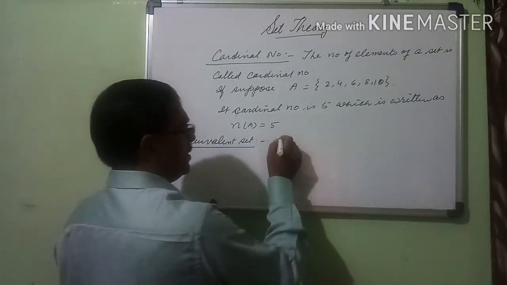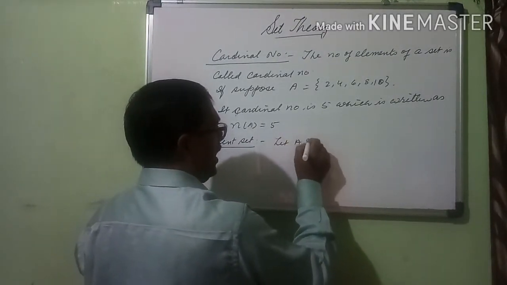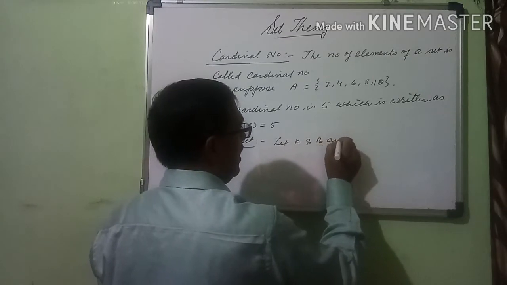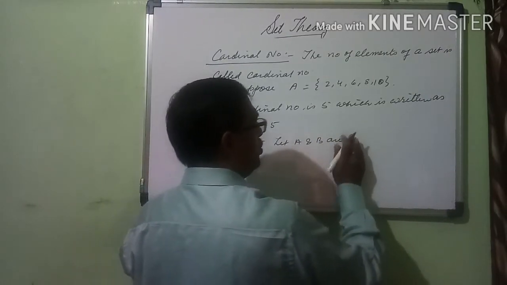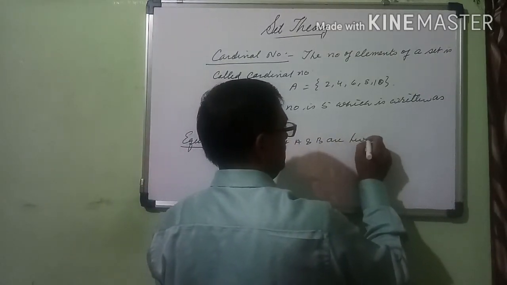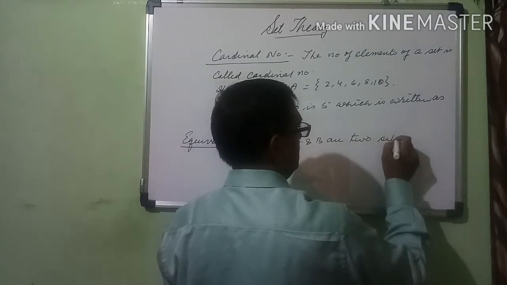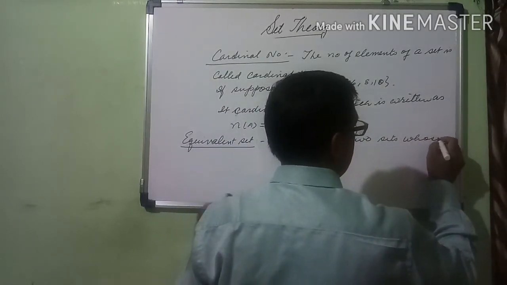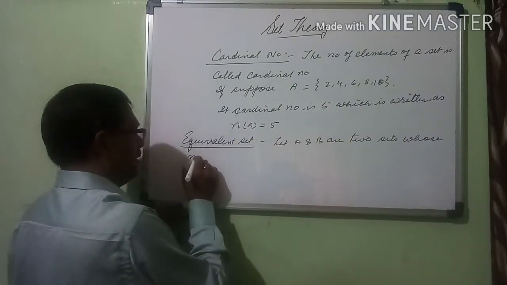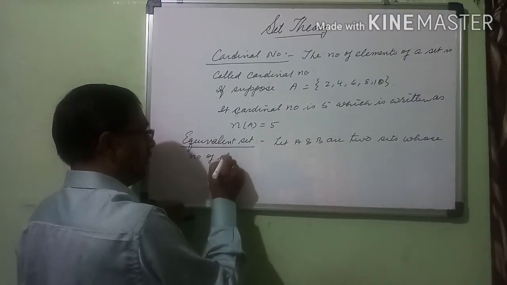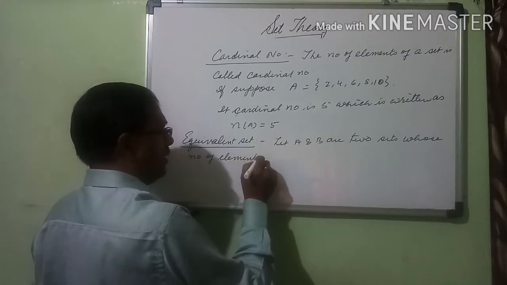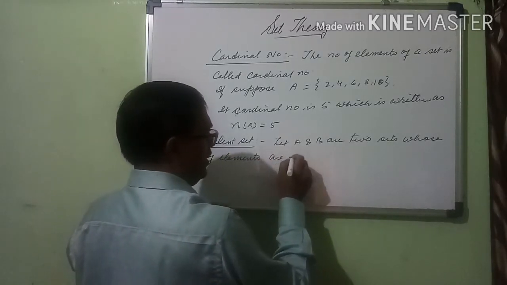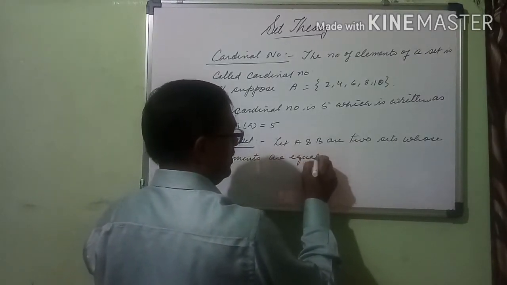So let A and B be two sets whose number of elements are equal.